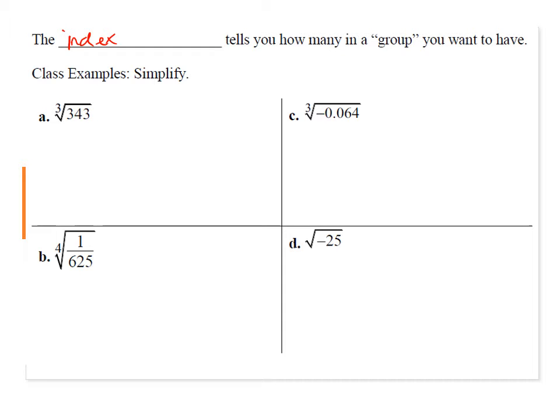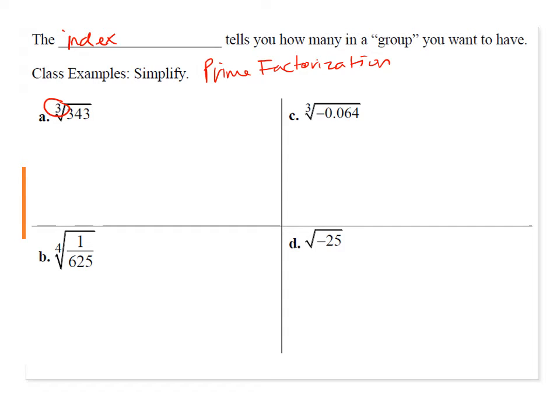The reason why we say group is because we're going to use our prime factorization example. So prime factorization is, we're going to break down 343. When we look at 343, what can it break down to?